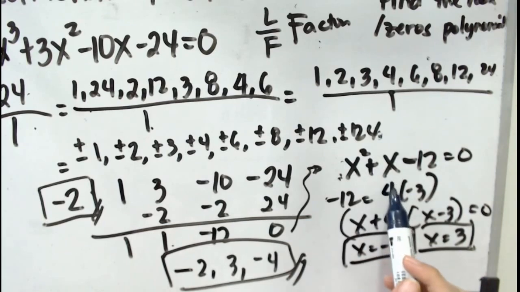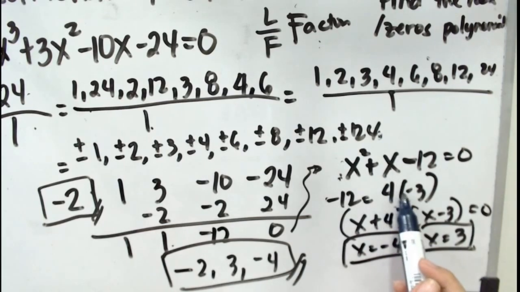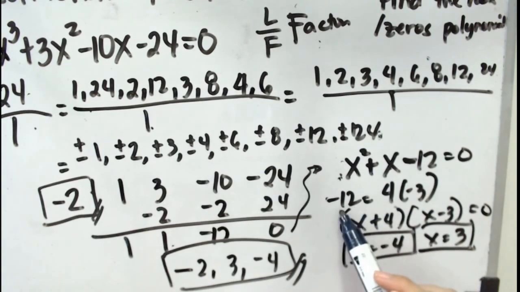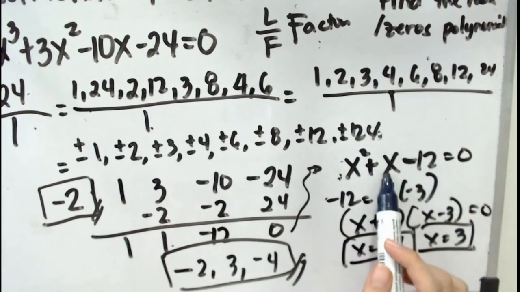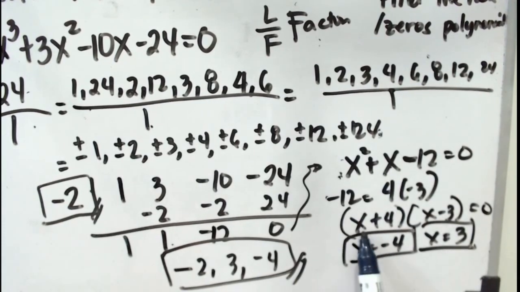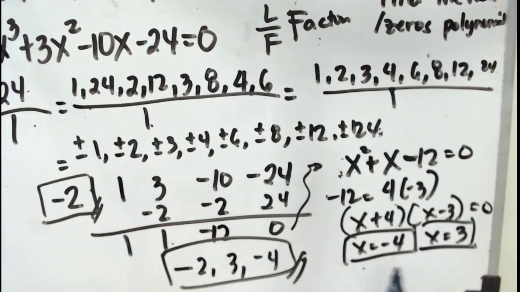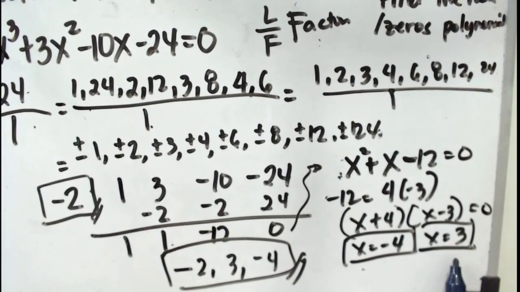Therefore, the factors will be 4 and -3. Why 4 and -3? If we multiply 4 and -3, we are going to have -12. But if we combine, we have 1. So we have here x plus 4 and x minus 3 is equal to 0. We equate both factors to 0. That's why we have x as -4 and x as +3.